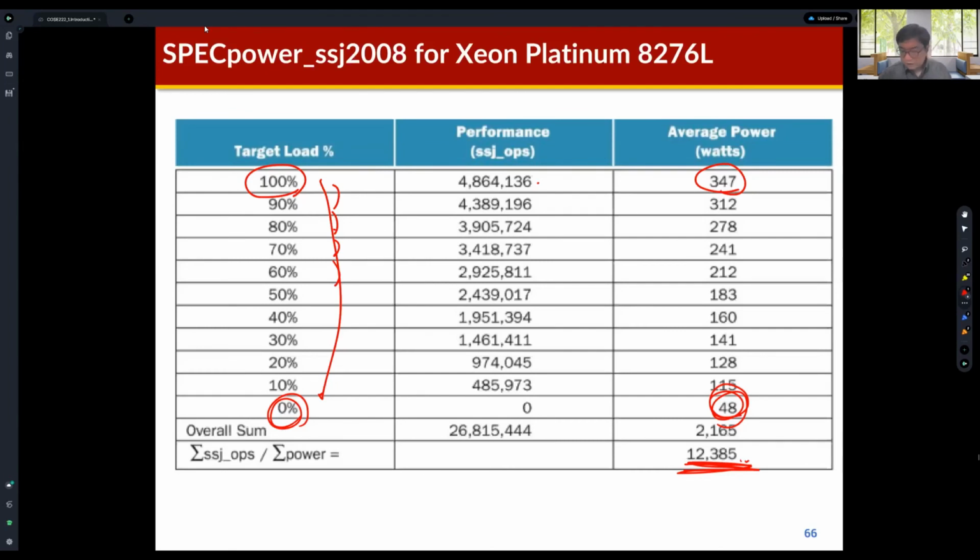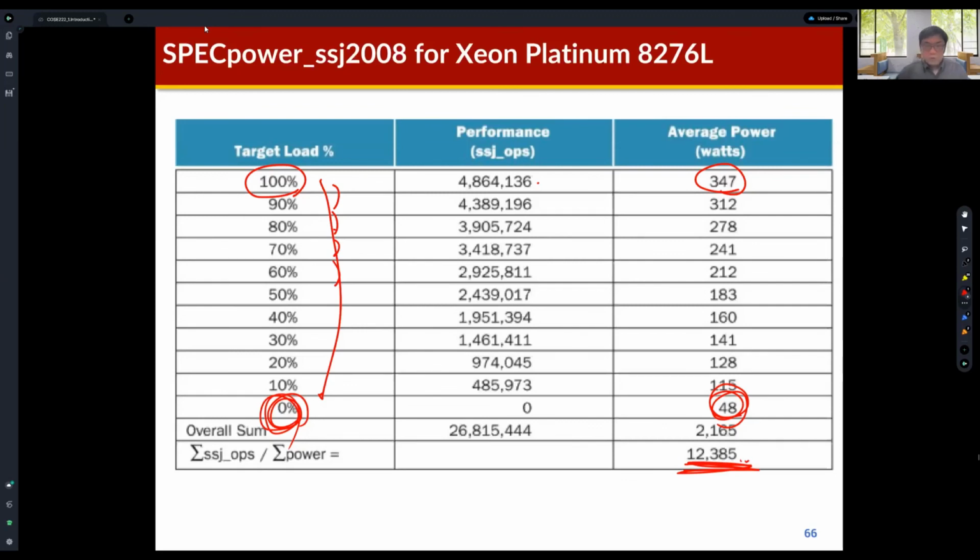We can see an interesting fact here: the power consumption is not proportional to the workload level. Even though the workload level is 0%, which means no program is running on the CPU, the system is consuming power. So that is the problem.